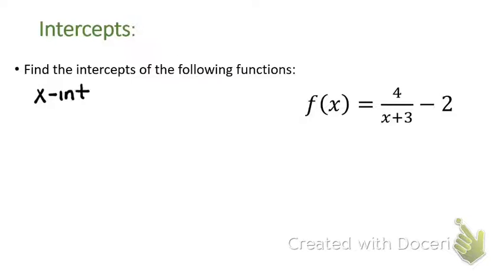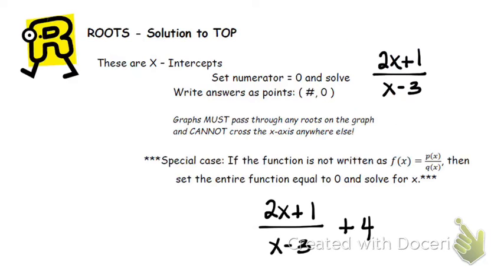So let's find our x-intercepts. If you look back at your dark pink paper, it tells you that for a special case, if the function is not written as a single fraction, and maybe you should write on that pink paper that this is what that means. It's not a single fraction.